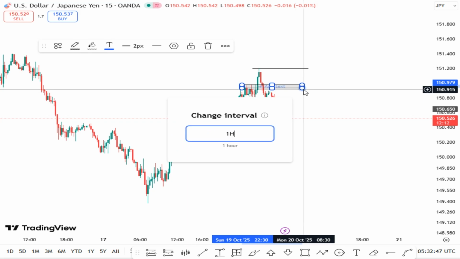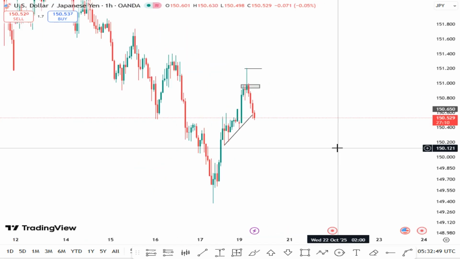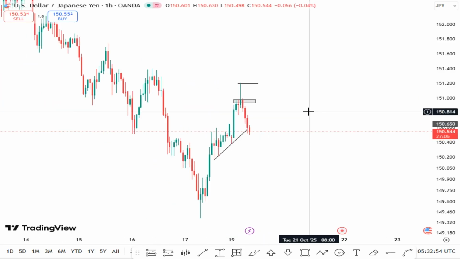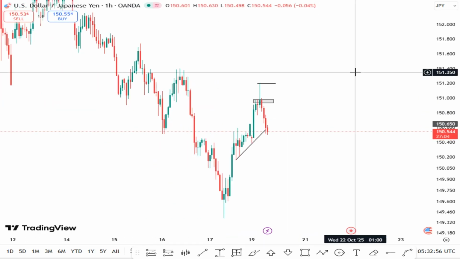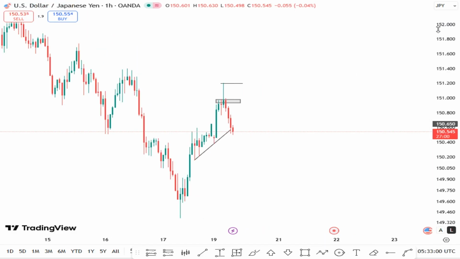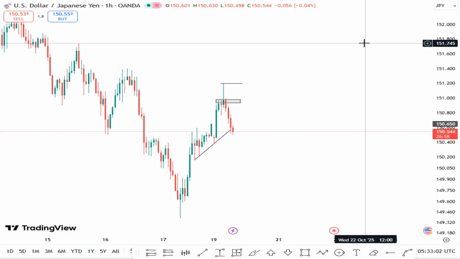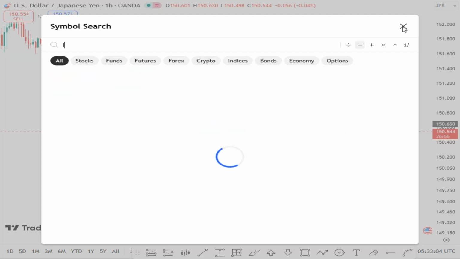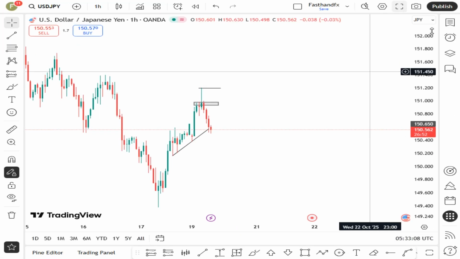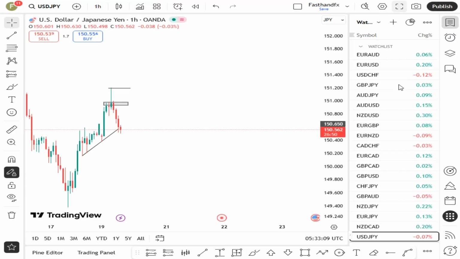Let me see at the H1, right? Either this level or this level right there, because I believe that is where most sell positions are, right? And then let me see, GBP, maybe GBP JPY. Okay, GBP JPY, where are you?